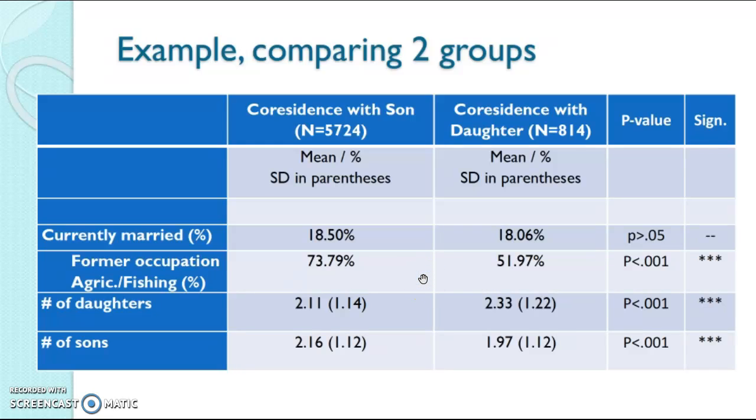We see that of people who live with a daughter, only about 50% of them used to work in agriculture, used to be farmers. Whereas those who live with a son, about 74% of them used to work in agriculture. So a greater percentage work in agriculture, and it's statistically significant. We don't find a statistically significant difference between those that are currently married or not.